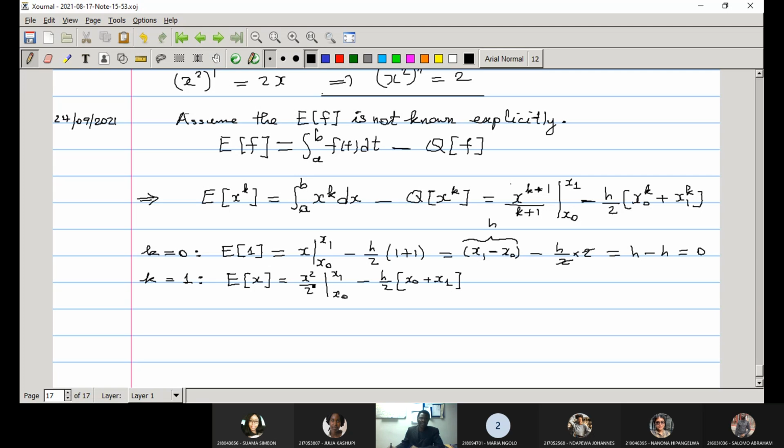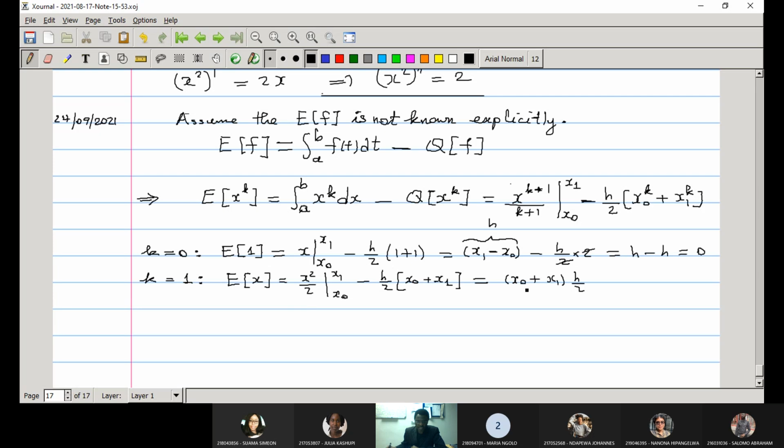Now, what is this equal to? If I substitute, this will be x0 plus x1, or x1 plus x0, h by 2. This one, if I evaluate it, gives me that, right?